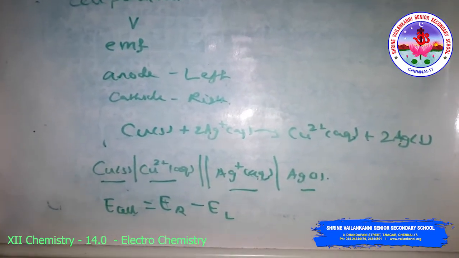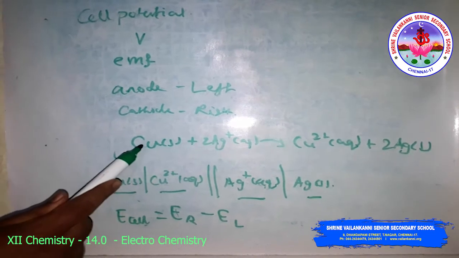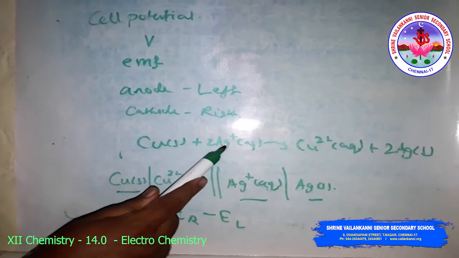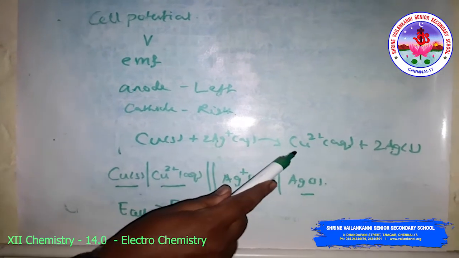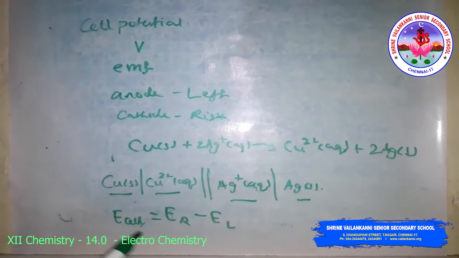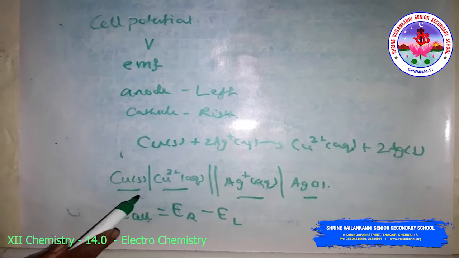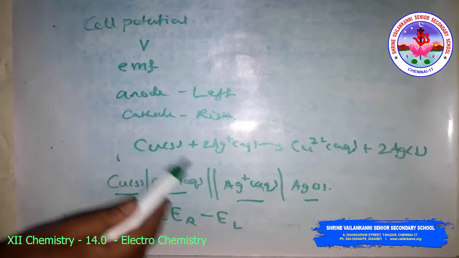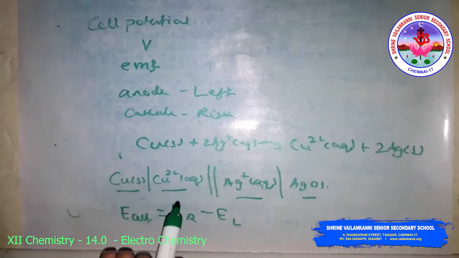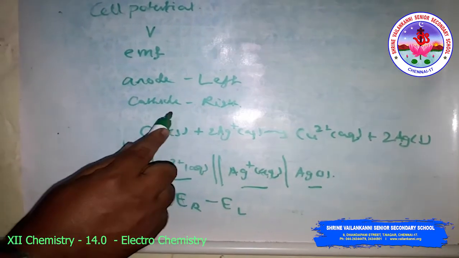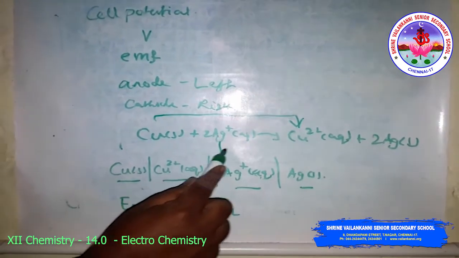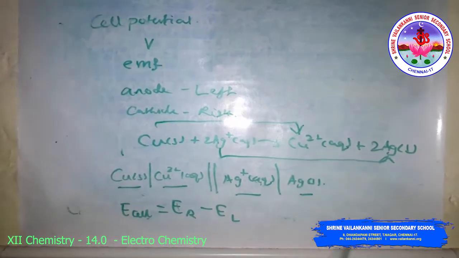For the cell reaction Cu solid plus 2 Ag plus giving Cu2 plus and 2 Ag, we write the half cell reactions and find which one is oxidation and which one is reduction. Cu is oxidized, and Ag plus is reduced.